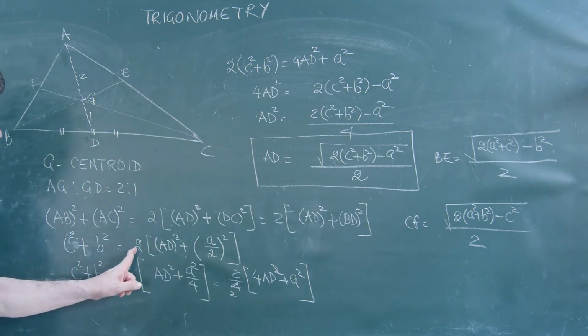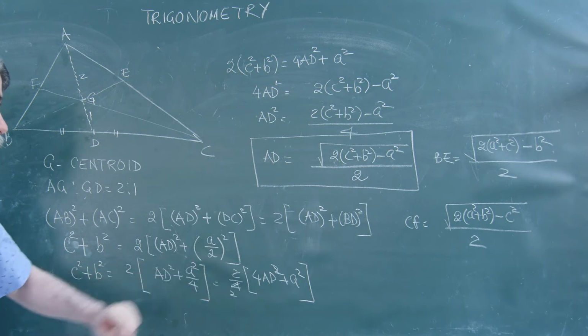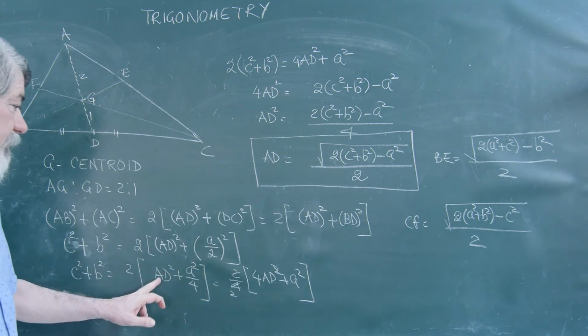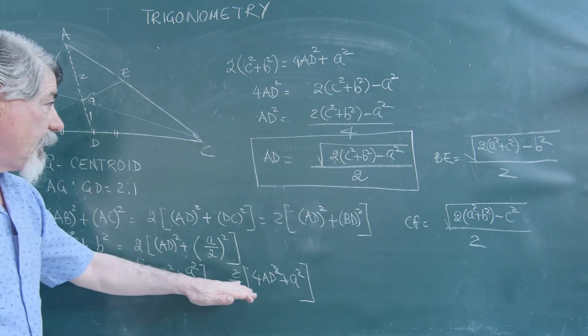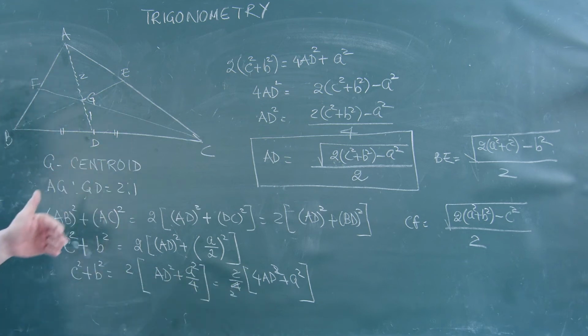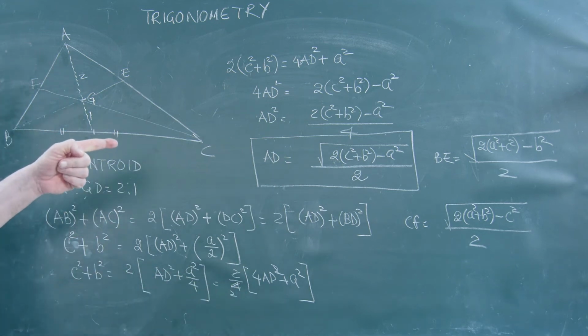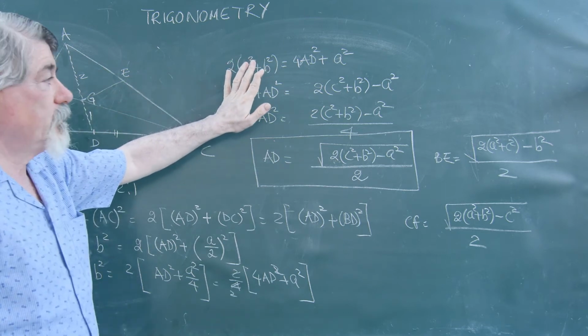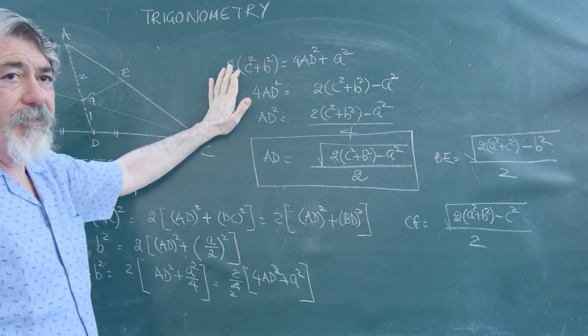So 2 into AD square plus A upon 2 whole square. When I open this, AD square plus A square upon 4, I simplify and I get the value of AD. This is just plain simple calculation which you can do.